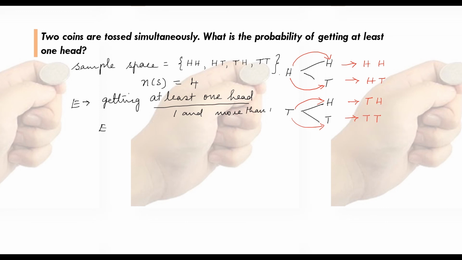Therefore, the set E is {HH, HT, TH}. When you go to the fourth one, we are not having the head, we got only tail and tail, hence that should not be considered. n(E) is equal to 3. P(E) is equal to n(E) by n(S), that is equal to 3 by 4.